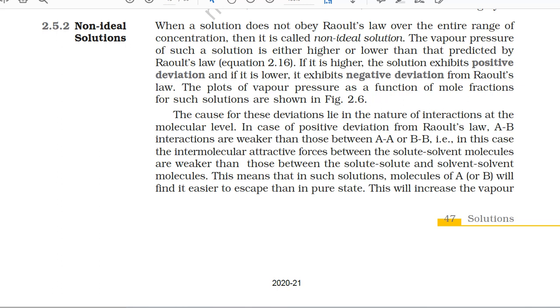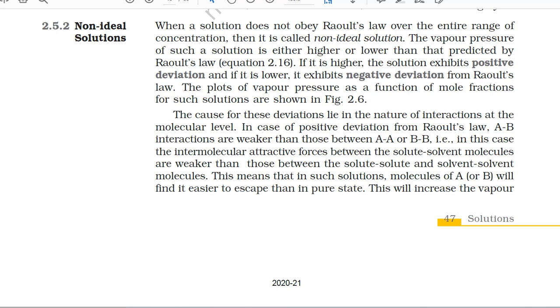The cause for these deviations lie in the nature of interactions at the molecular level. In case of positive deviation from Raoult's law, AB interactions are weaker than those between AA or BB. That is, in this case, the intermolecular attractive forces between the solute-solvent molecules are weaker than those between the solute-solute and solvent-solvent molecules.